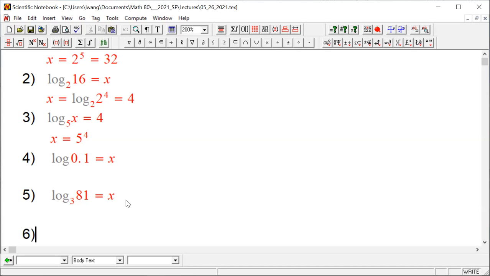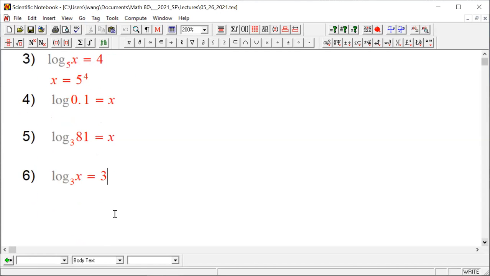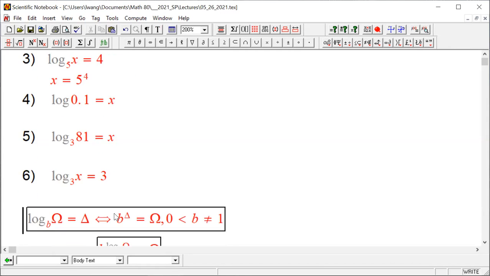Number 6 is a log with x. You can see that the log depends on the position of x. In the definition we have learned here, there are 3 positions: the position at the base, the position at the exponent, and the position on the other side.